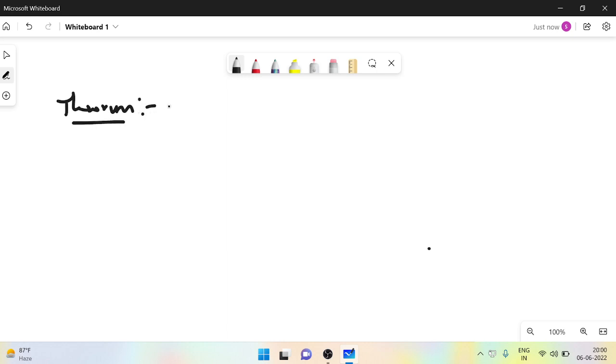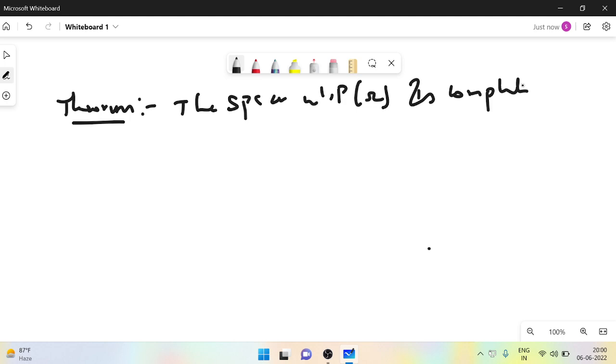What this says is that the space is complete. I hope you remember what completeness is. If a sequence is Cauchy, then it must be convergent. If a space abides by that property, then it is said to be complete.